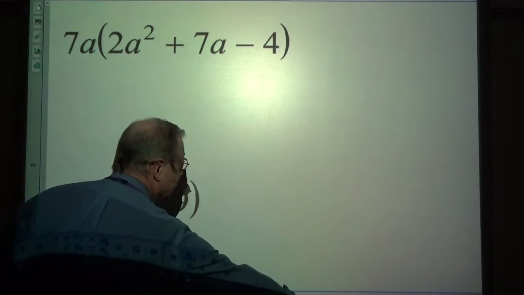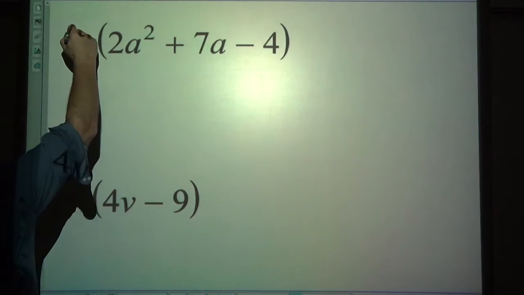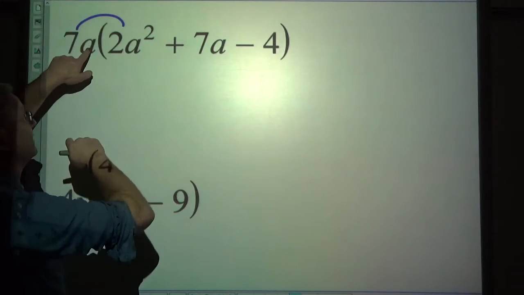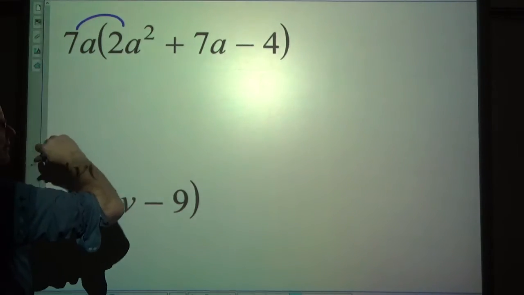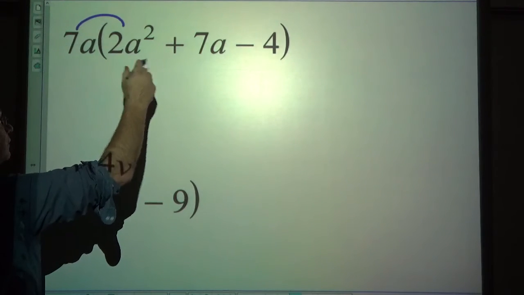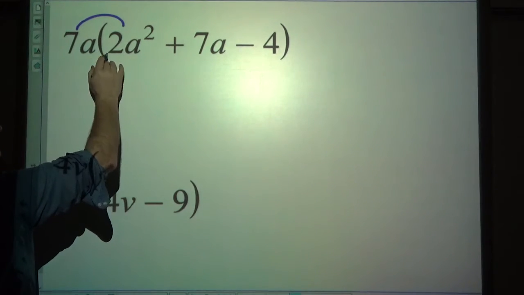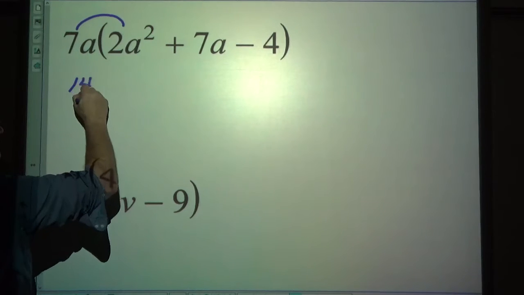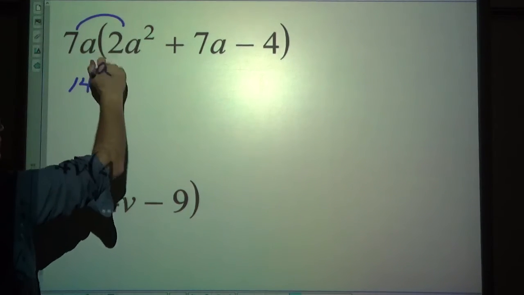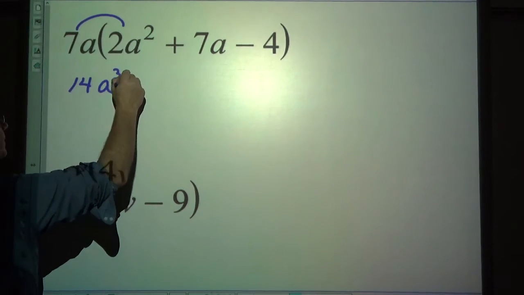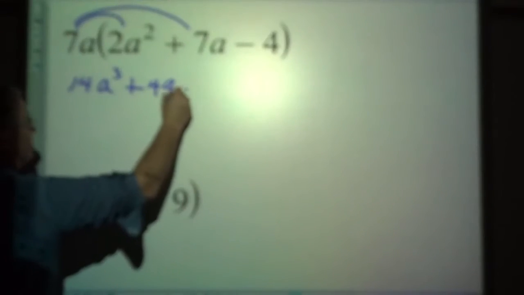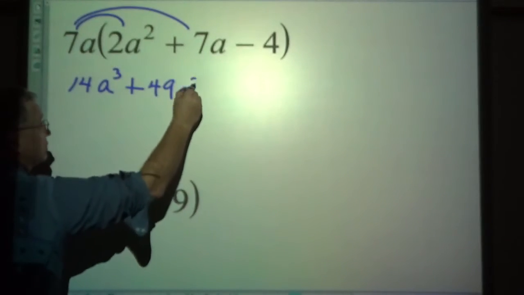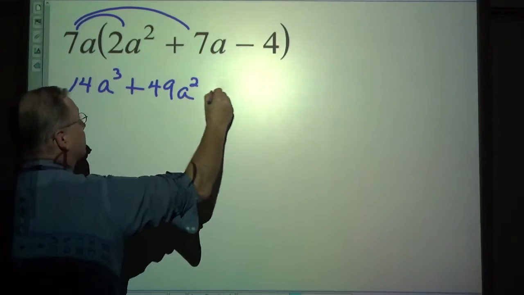I assume you've done them, so let's give them a try up here. Now, this is a to the first, so that's going to change or make an exponent added to it that wasn't there before. 7 times 2, 14. A to the 2 and 1 make 3. Plus 49a to the 2, 1 plus 1.